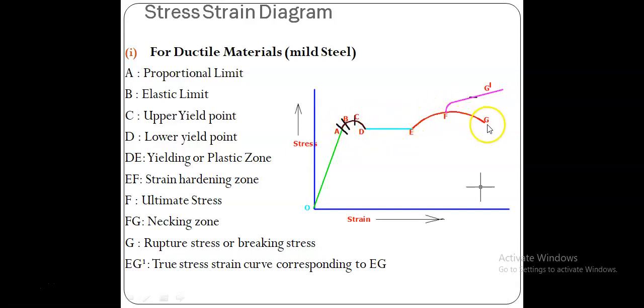Therefore it has large deformation. This is the state of breaking. This point is breaking, and before breaking it undergoes a lot of deformation. So that is nothing but a ductile material. After the elastic range, the material has a wide range of deformation, that is called a ductile material.